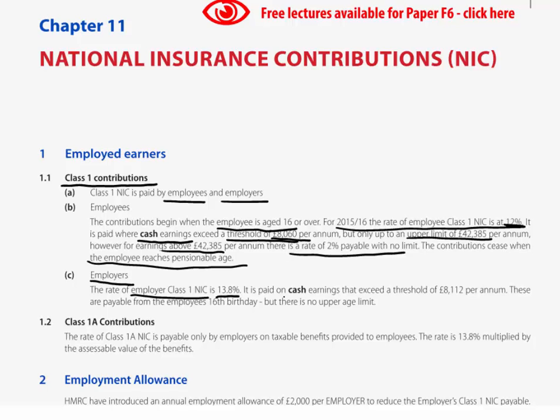13.8%. Again, it's paid on those cash earnings. This time we've got a slightly different threshold from which point it is payable, £8,112, again given on your rates and allowances page. Again, these are payable so far as the employer is concerned from when the employee is 16, but there is no upper age limit.